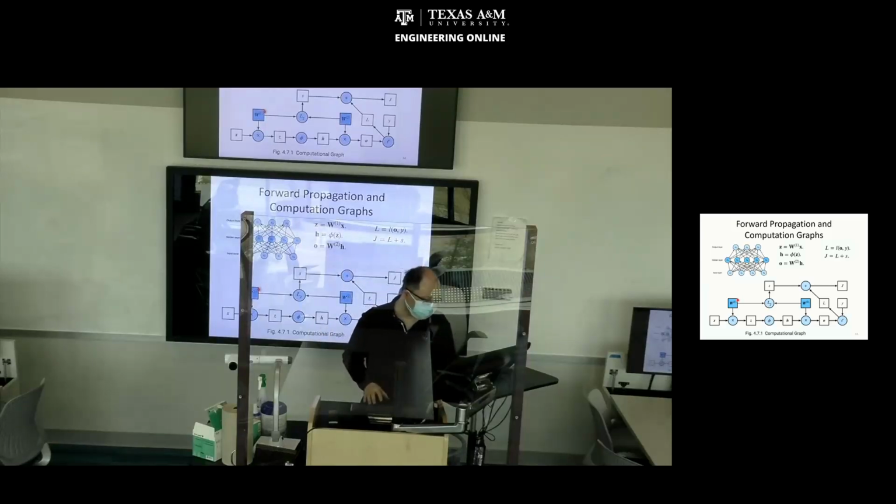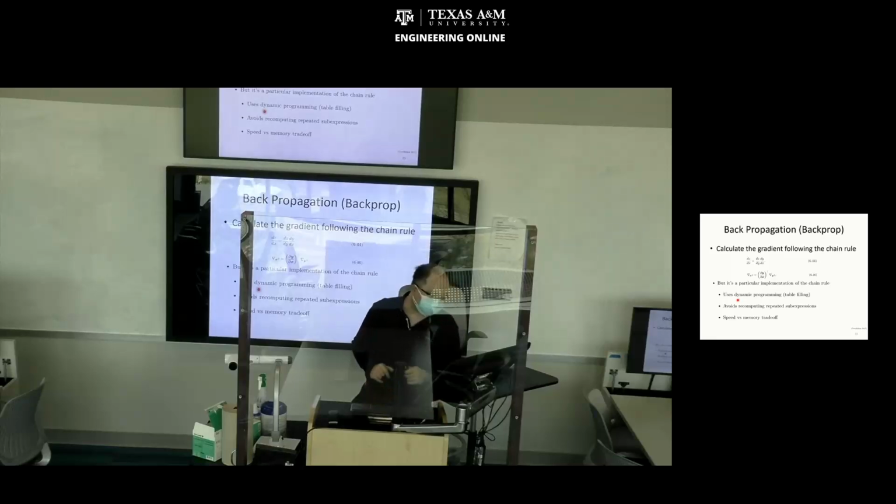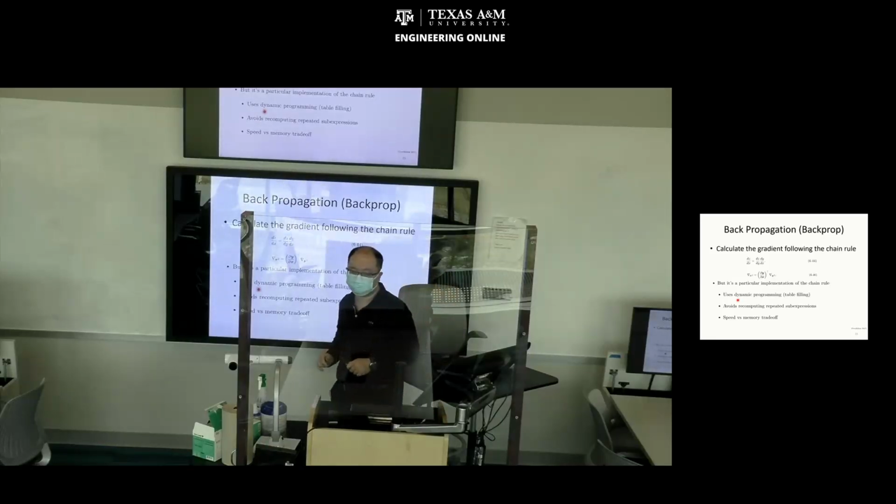So to calculate the gradient, we actually have to use something that's called back propagation.